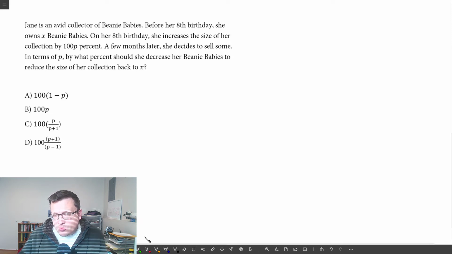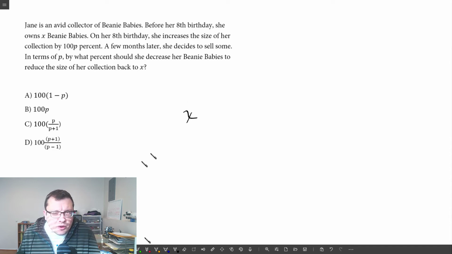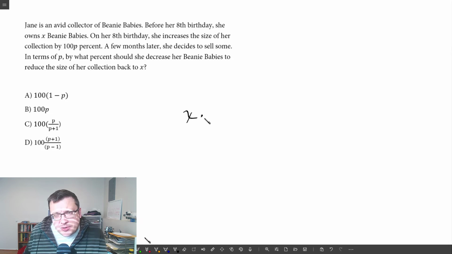There's another way, which is more algebraic, which is to work with the variables, work with what we're given. So we know we're taking our x and increasing it by 100p%. How would I actually make that increase using these variables? x is the starting point.